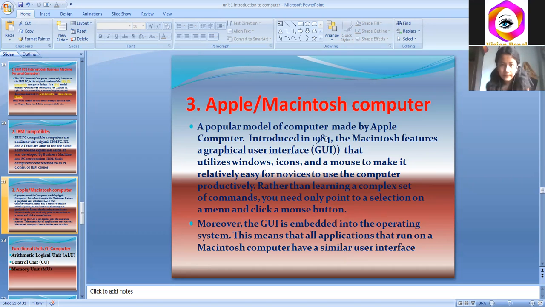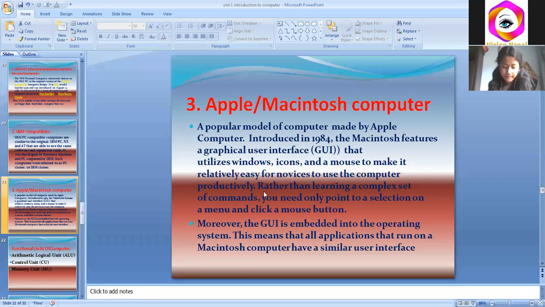On an Apple computer you can find windows, icons, and a mouse.